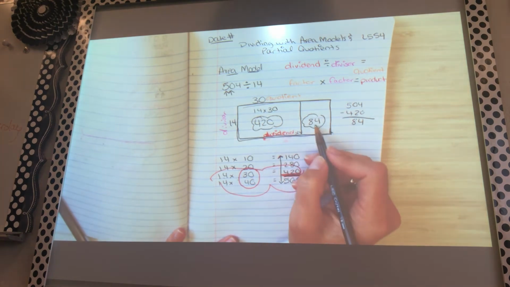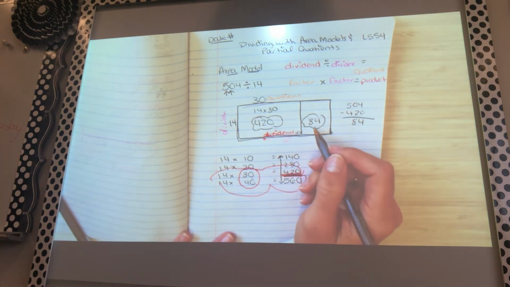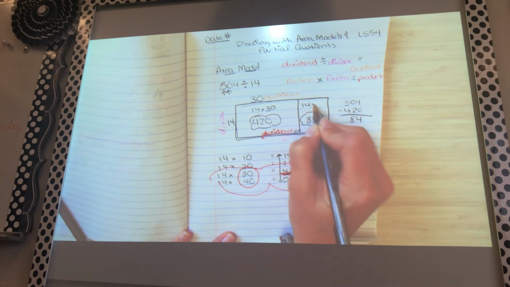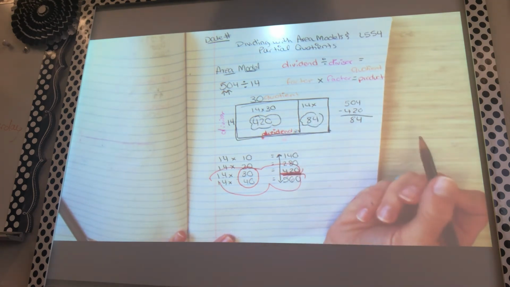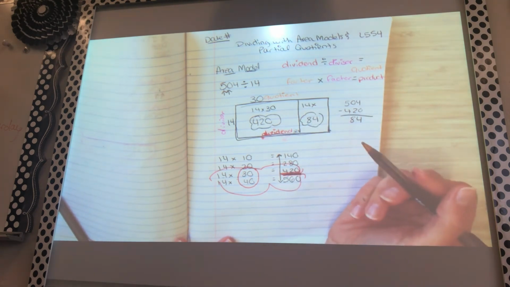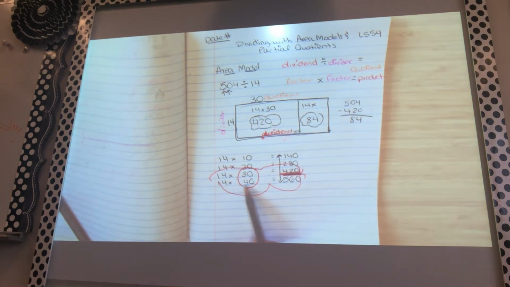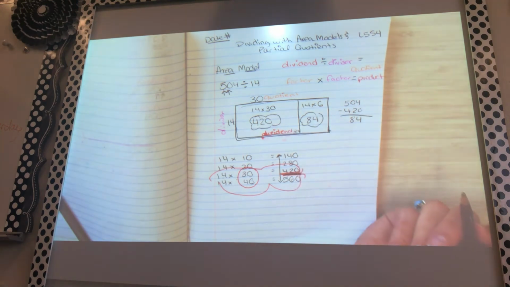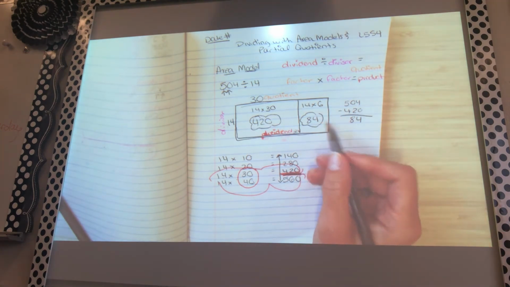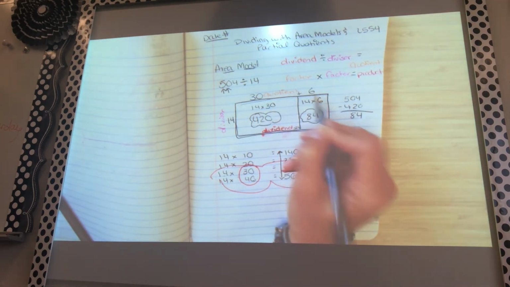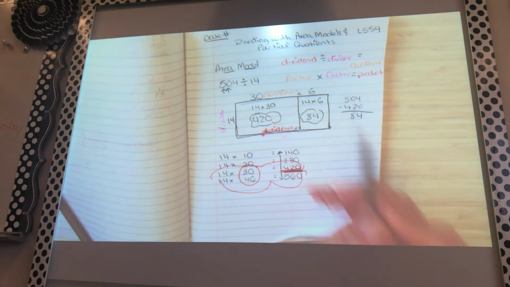Now, 84 is a product of 14 times something. I'm not sure what it is, but I have a good idea that it's probably greater than 4 because 14 times 40 is 560. So that means 14 times 4 is 56. So I'm thinking it's probably around 6, and 14 times 6 is 84. So now, up here I have 30 plus 6.